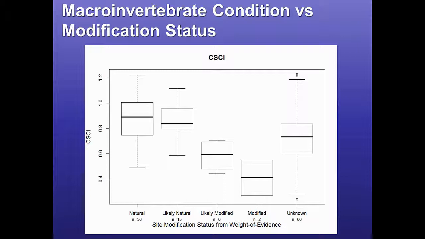So we need to tease that out better. We're hoping to add more sites. We think we can, and also do a better job matching up the reach length so we can home in on better agreement between these different metrics that we're using to classify them. But it's encouraging. It's going in the right direction anyway, so that's nice.